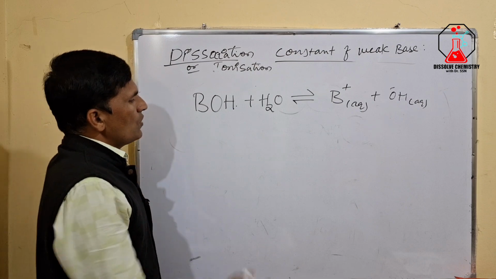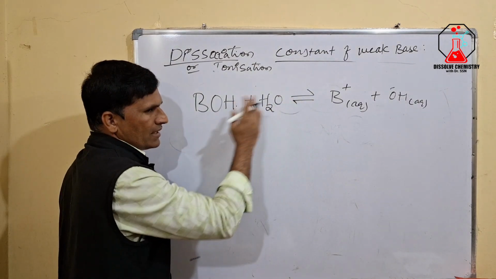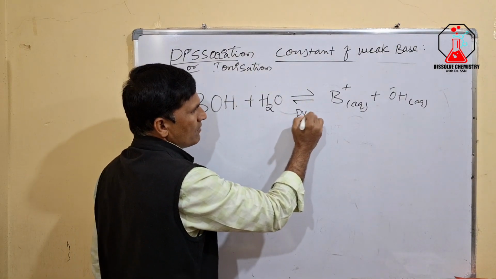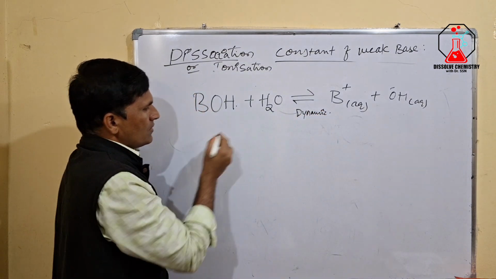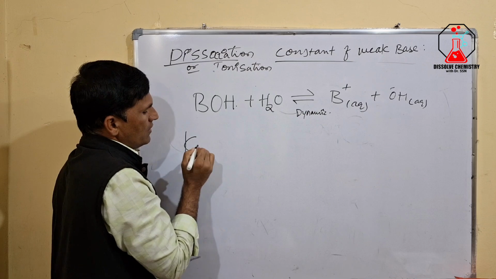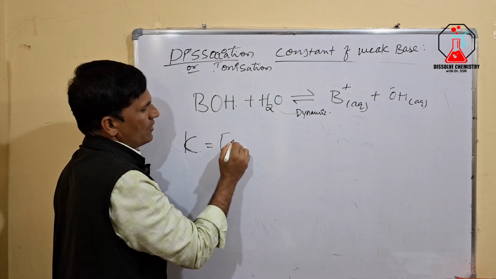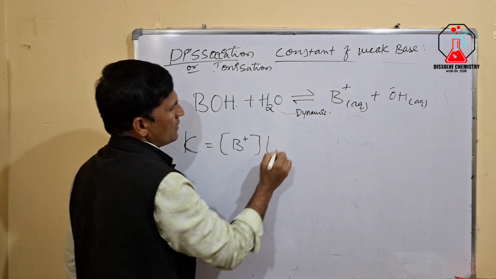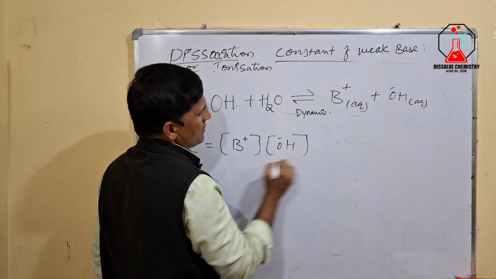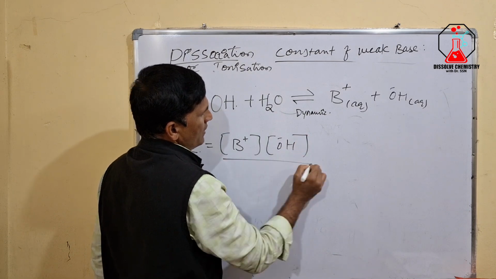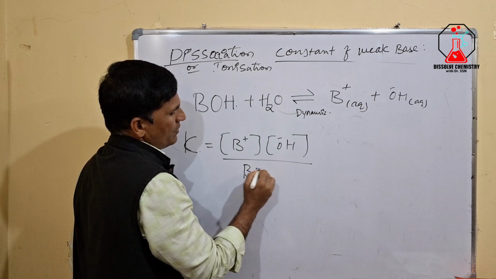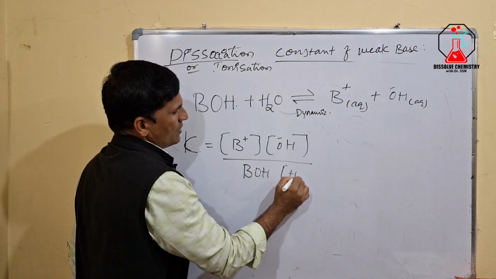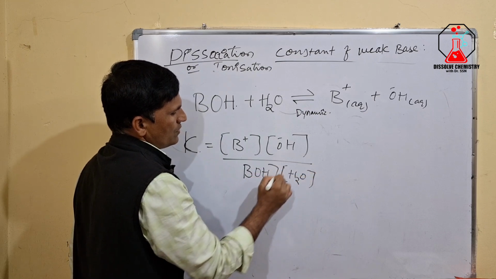As it attains equilibrium and this equilibrium is dynamic, if you apply the equilibrium constant, you get B plus OH minus divided by BOH and H2O.